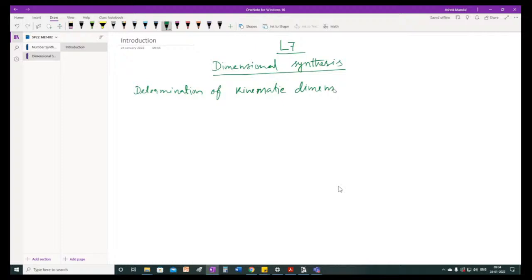Kinematic dimensions, like what are these kinematic dimensions?